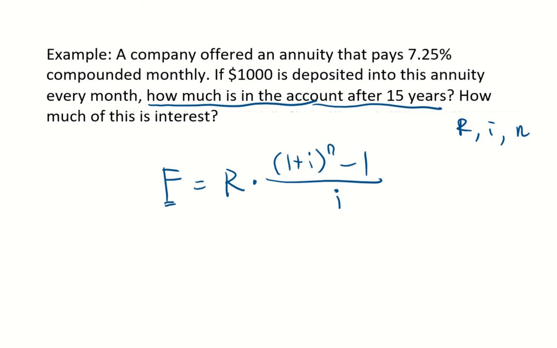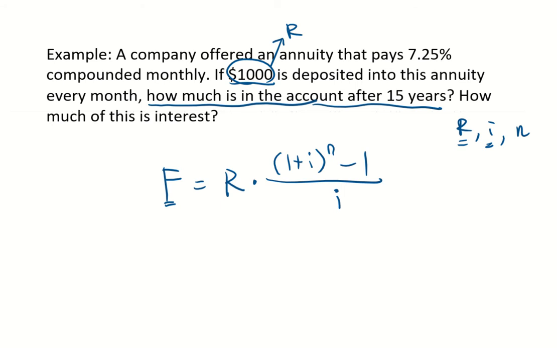First of all, R is the rent, or we can call it the periodic payment, is $1,000. So this is the R. And I is the interest rate per period.